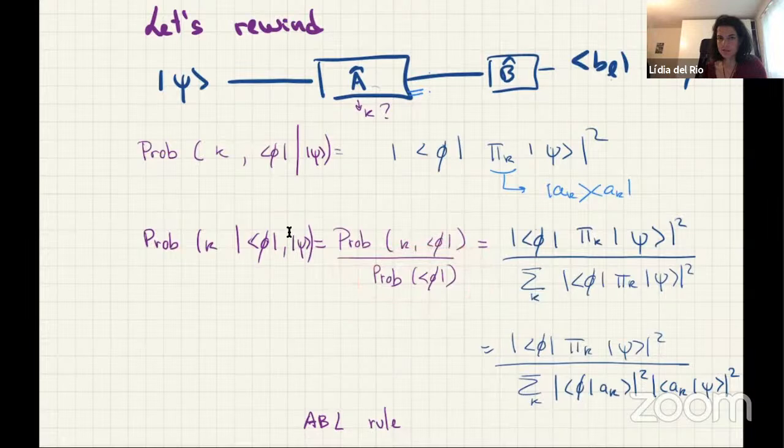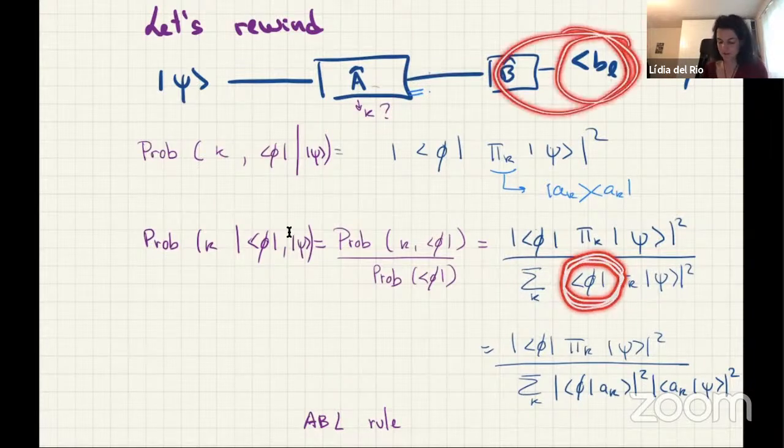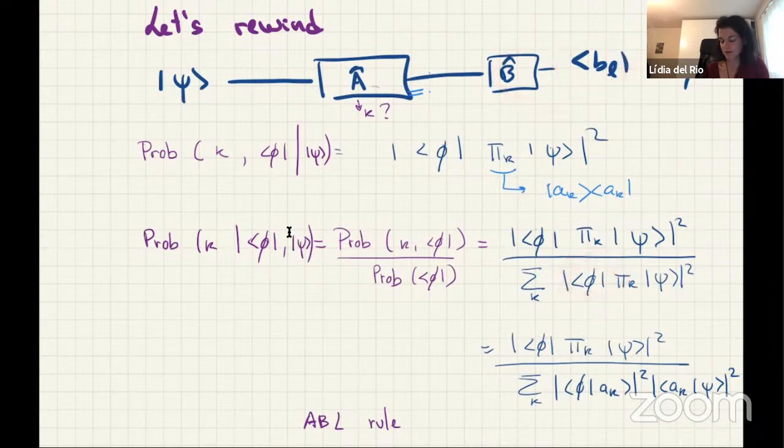Yeah, that makes sense. That's why I need to sum over everything that could have happened down here, which is getting every possible outcome K of my measurement. I'd get different states here, and then what's the probability of getting the outcome L for each of those states? That's why I divide by this.